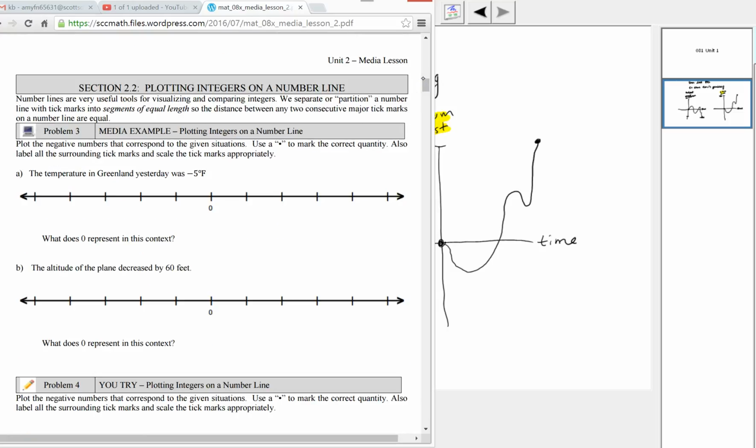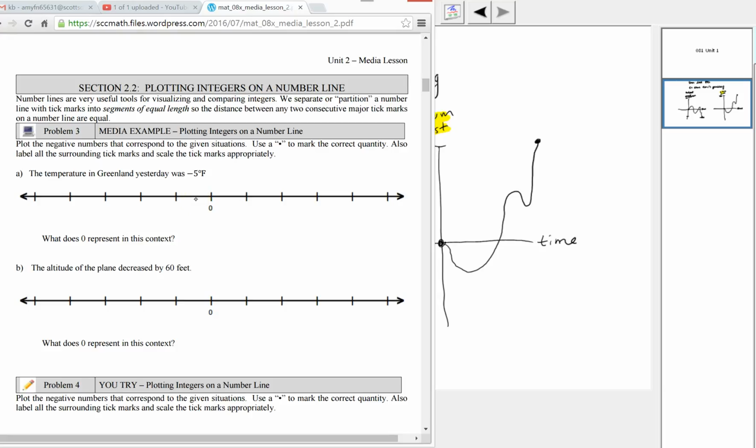Okay. So here we'll have them plotting integers on the number line. Temperature in Greenland yesterday was negative 5 degrees. Have them label the number line, so that's when we'll start to think about what this is really representing. So here this represents the temperature in Greenland yesterday. Negative 5 degrees is in the negative direction.